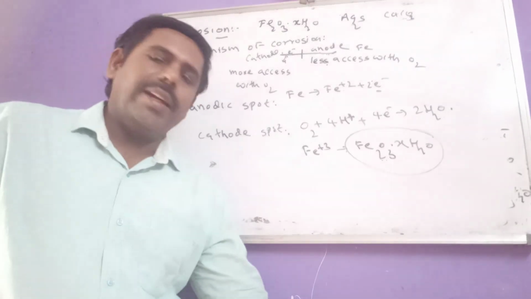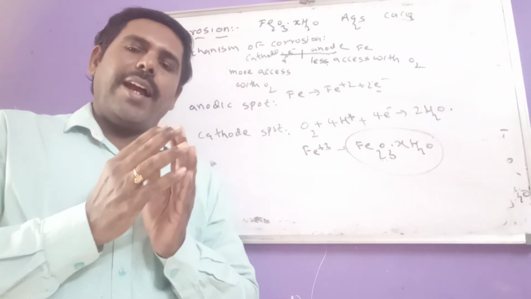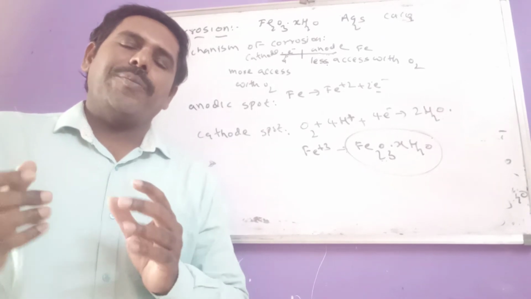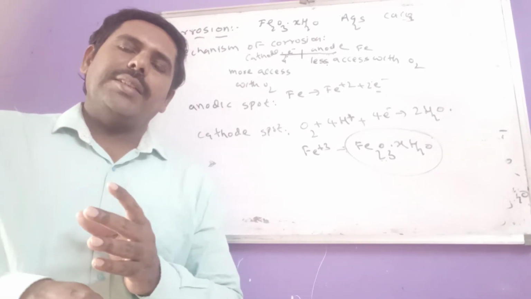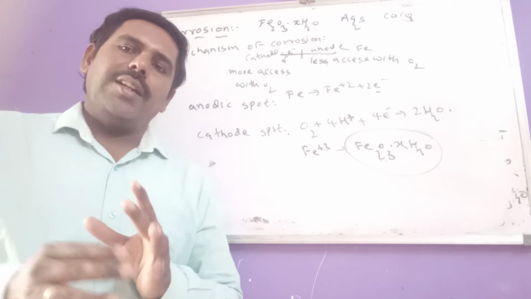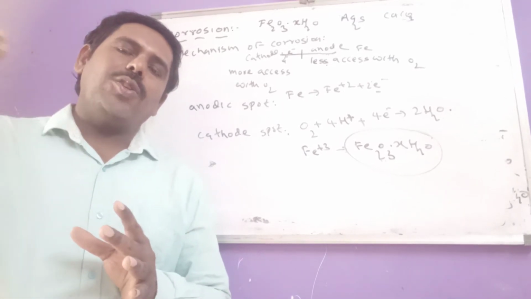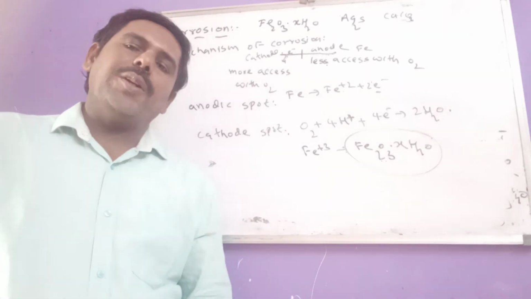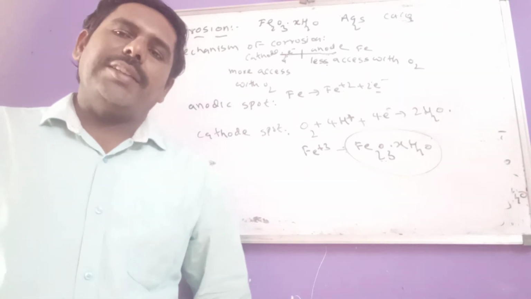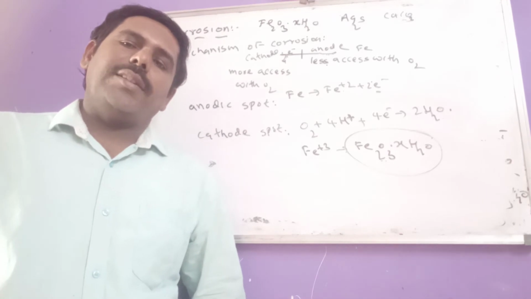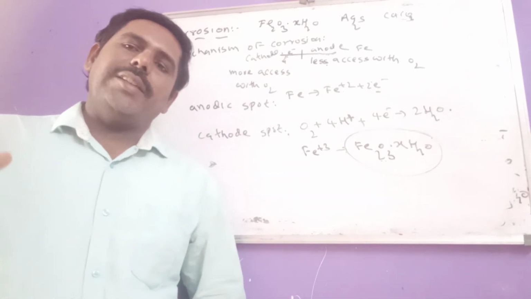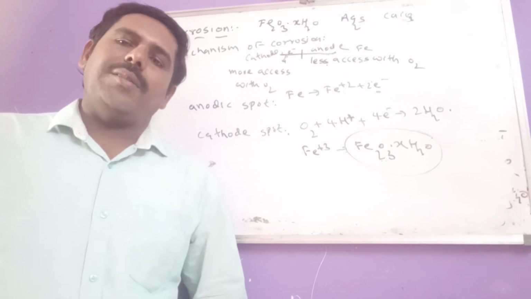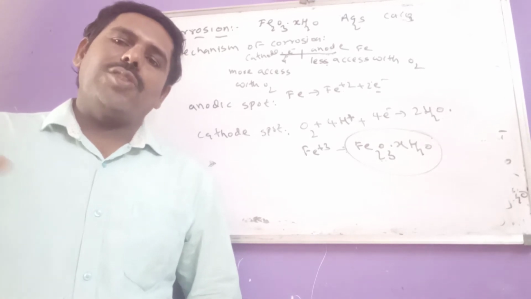So like that, if any iron rod is present near the seashore, the dipped part will undergo corrosion, but the part which is open to air doesn't undergo corrosion, because the dipped part has less access to oxygen, but the part exposed to the air has more access to oxygen.